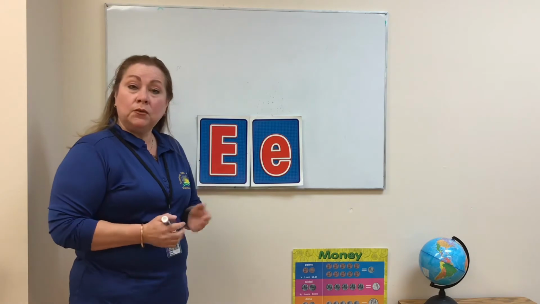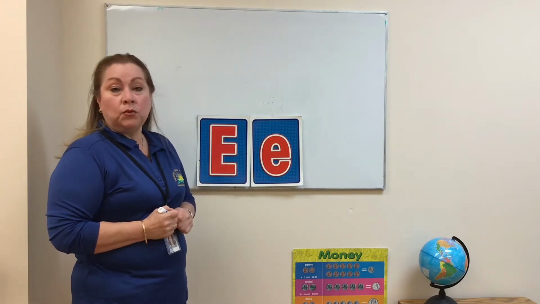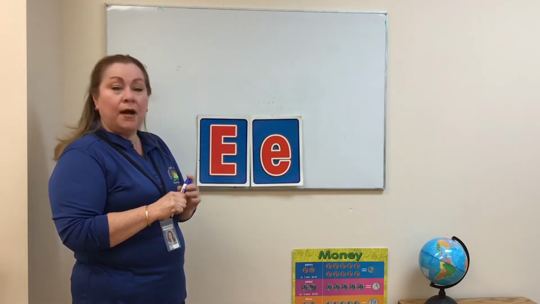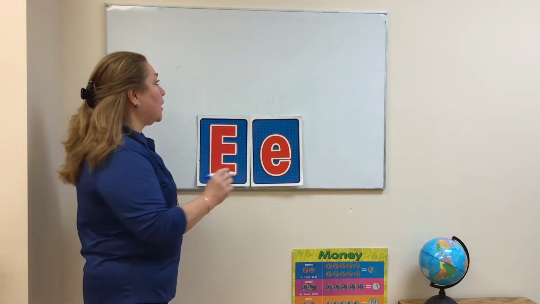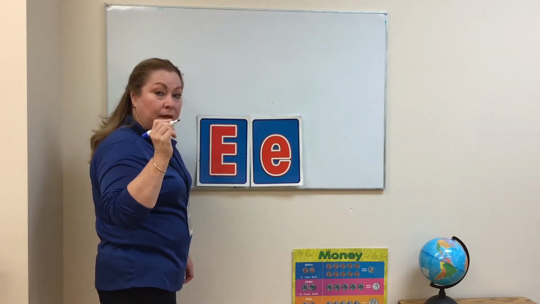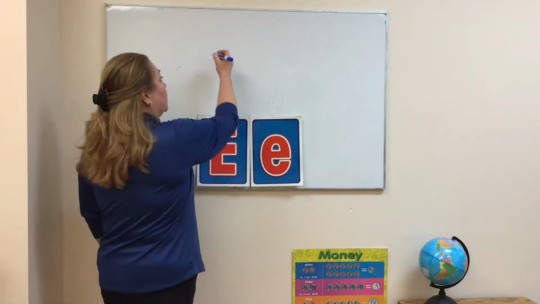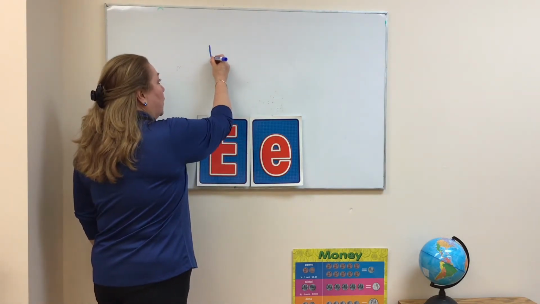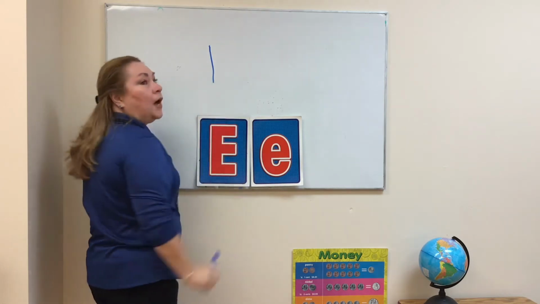So let's start to learn how to write that letter, okay? Very simple and very easy. Everybody knows how to make a straight line. So we are going to start at the top. Remember, it's very important how we are holding the pencil, okay? We are going to draw a straight line down.